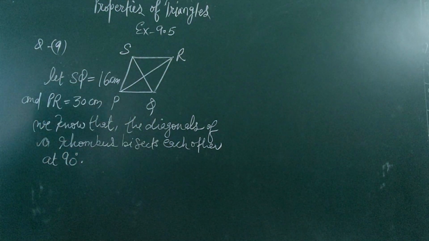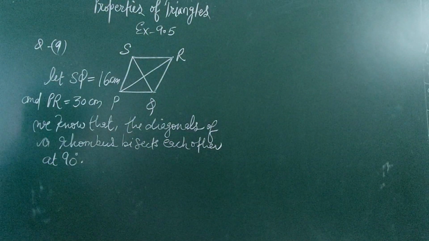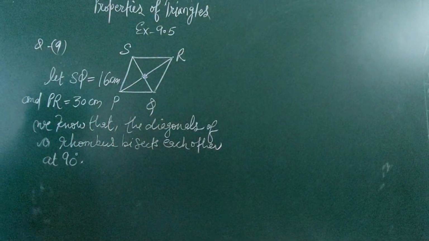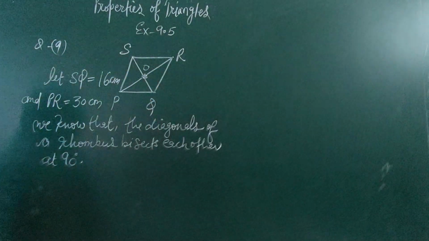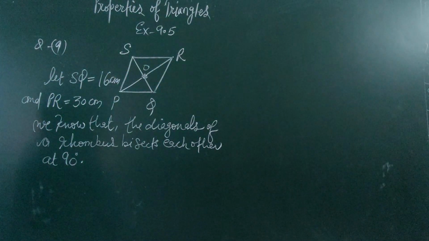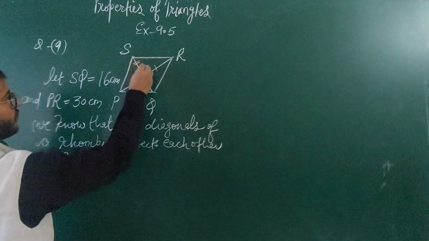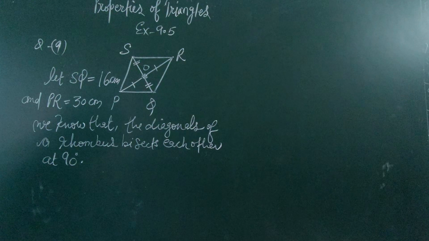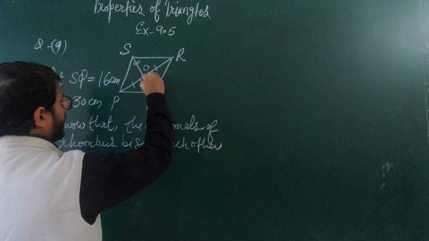What does it mean? It means at the intersecting point of the diagonals, say it is O, the diagonals are dividing each other into equal parts, which means PO will be equal to OR, SO will be equal to QO. And at the point of intersection, the angle generated is equal to 90 degrees.